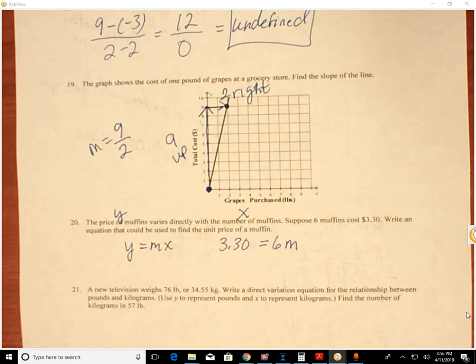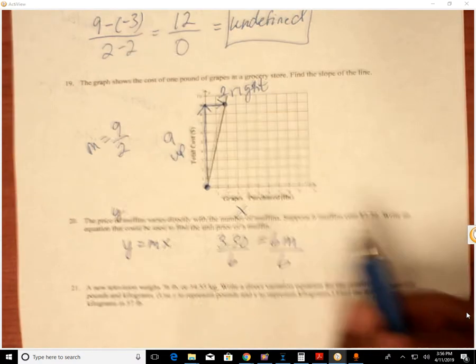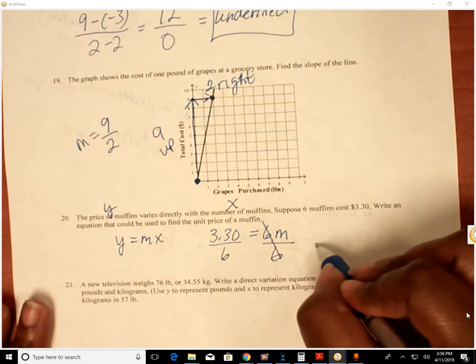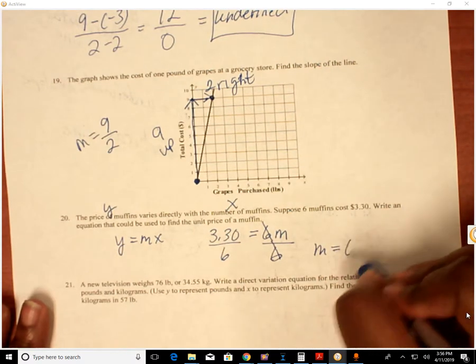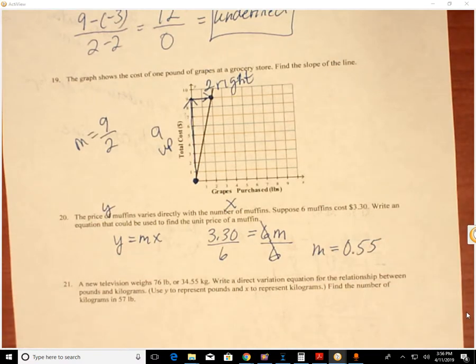We don't have our slope. m represents slope. We just know x and y. So we need to find the slope to write that equation. Divide both sides by 6. m is equal to 0.55. So that really means it's going to be about 55 cents per muffin.